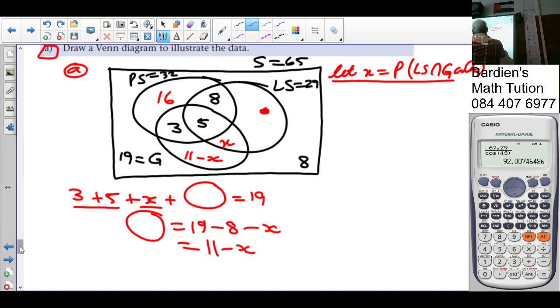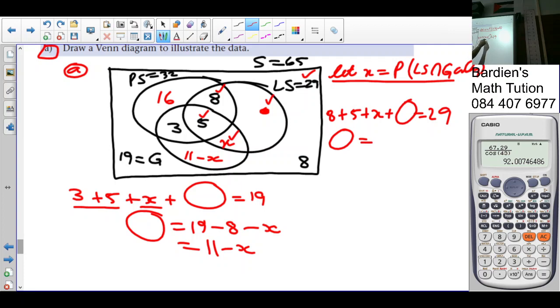So what can we say? 8 plus 5 plus x plus this unknown equals 29. That unknown in terms of x is going to be 29 minus 8 is 21, minus 5 is 16, minus x. You all okay with that? That's going to give you 16 minus x.